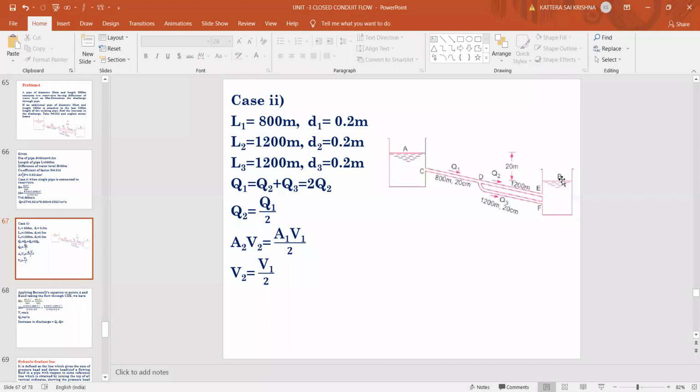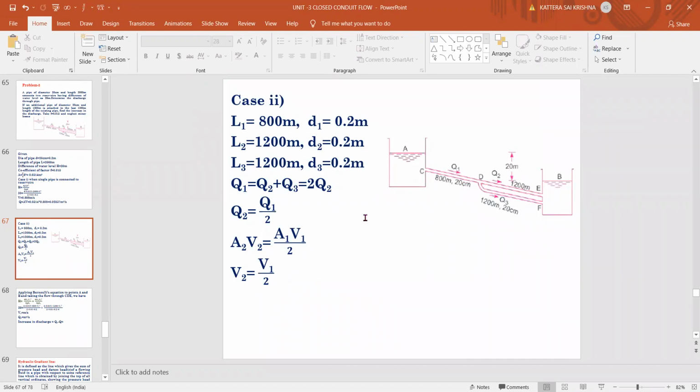Similarly, at the top surface of the water at B, the pressure will also be taken as 0. And velocities at section 1, since the water is in the tank, it is stagnant, so we can take velocity also as 0. And here also at last, if you see the tank, again the water is stagnant. So at point B, again the velocity will be 0.